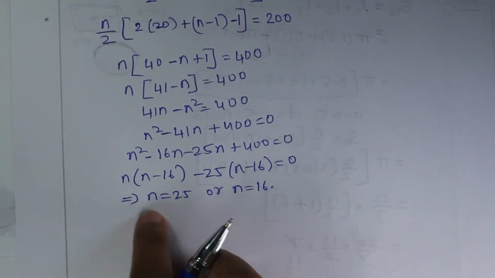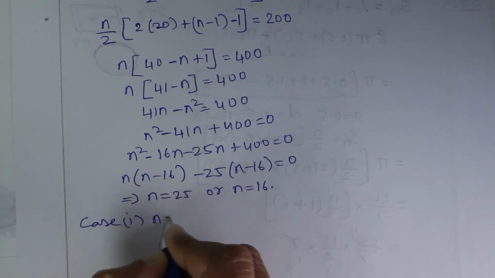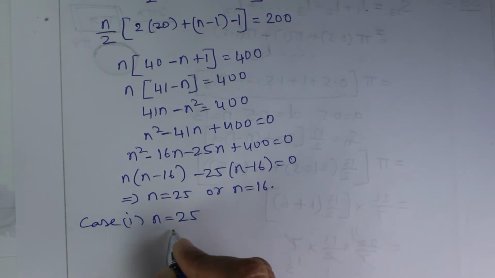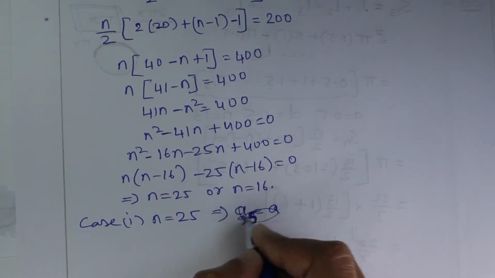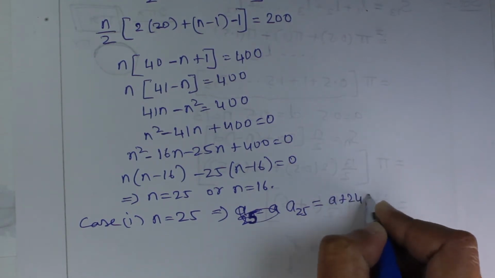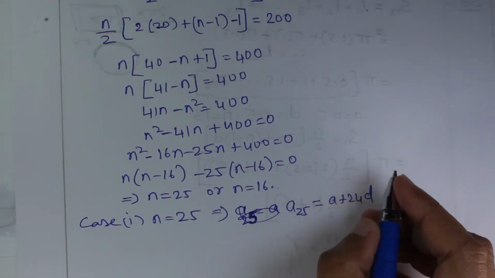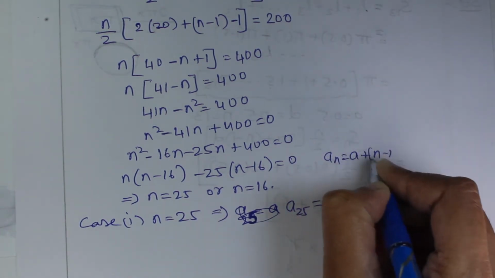Now first let's take the case of n is equal to 25. Case 1, n is equal to 25. That implies an is equal to a25, that is the number of logs in the top row. a25 is equal to a plus 24d, right? Because I am using this formula, an is equal to a plus n minus 1 into d.